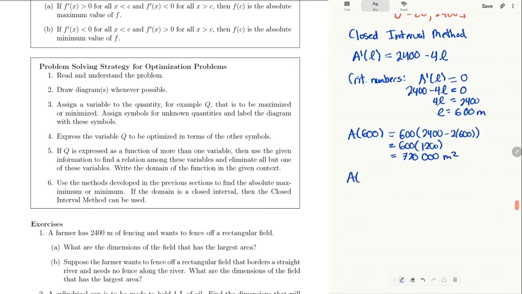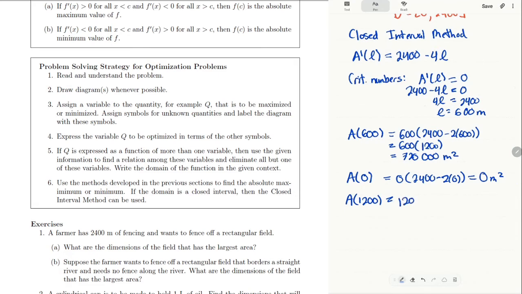So now let's evaluate the area function at the endpoints as well. So what is the area when the length is 0 meters? Well, that's 0 times 2400 minus 2 times 0, which gives us 0 square meters. And what is the area when the length is 1200?